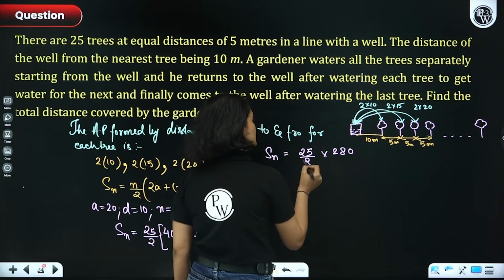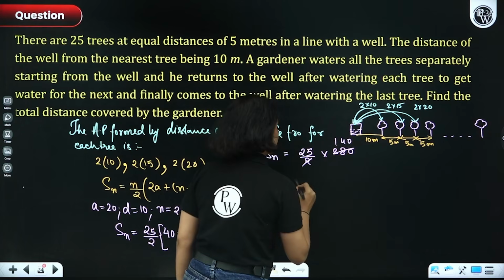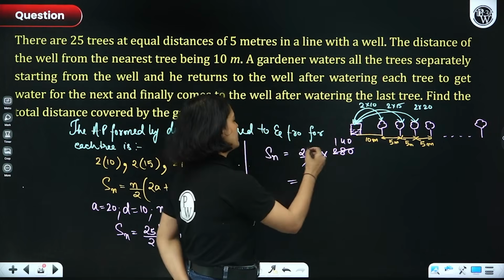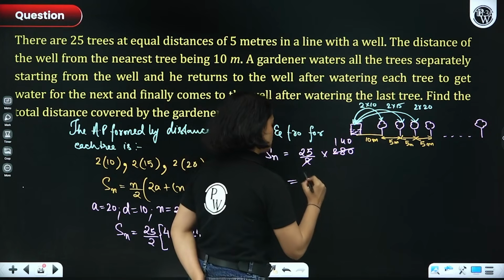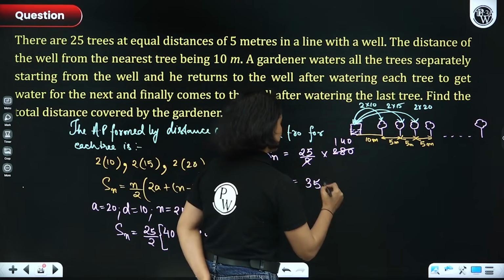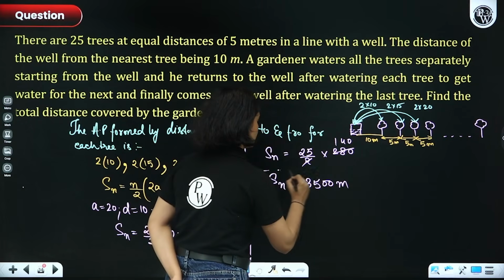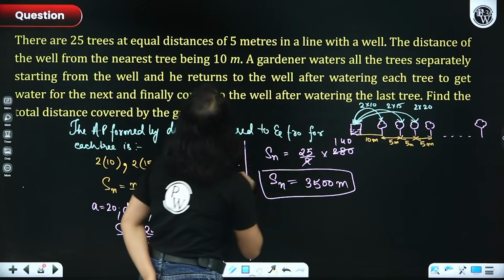Right? So now we can do some cancellation here. What we'll get? 140 here we'll get. So we'll get here 12, 5s are 20, and then 2 zeros. 3,500 meters, everyone.